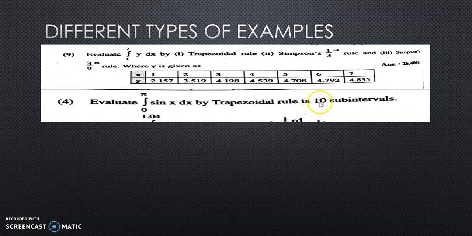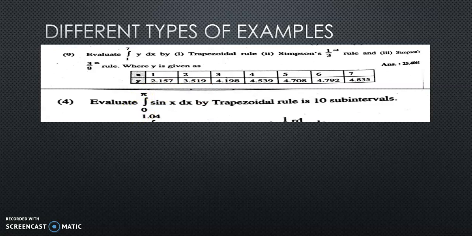Since you know n, since you know a and b, we can calculate h. What is h? h is the length of the interval. So h is (b minus a) upon n. Using this formula you can get h. Using h, you can find out the different values of x. The initial value of x is 0.